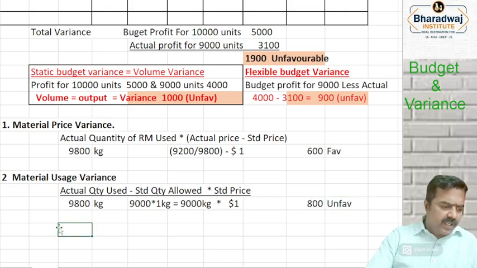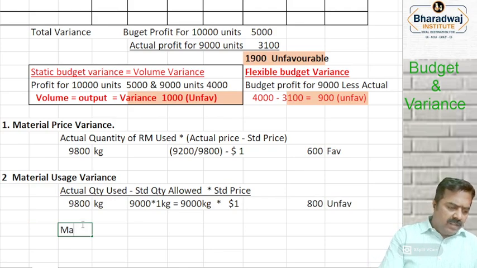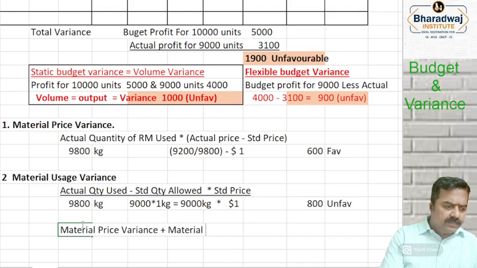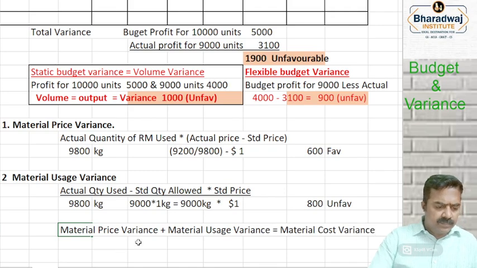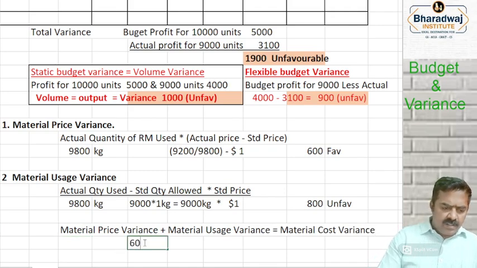We can verify the answer also. Material price variance plus material usage variance will give us material cost variance. Material price variance 600 favorable. Material usage variance 800 unfavorable.